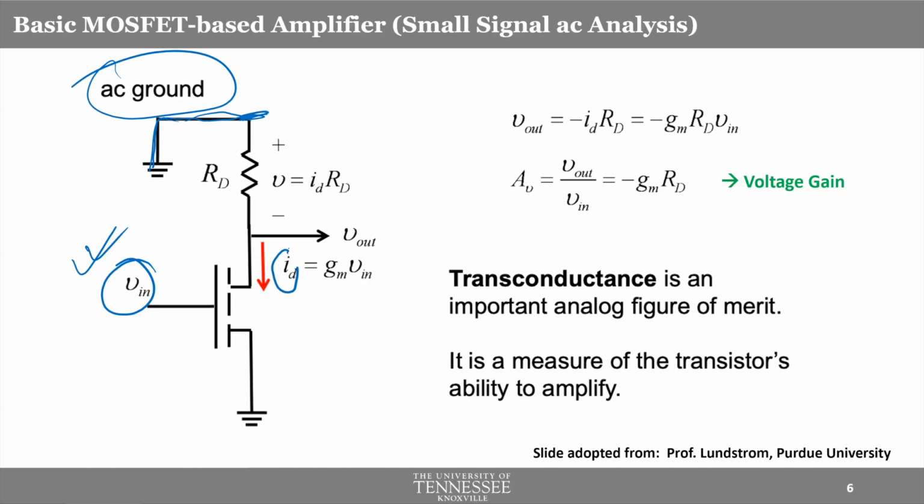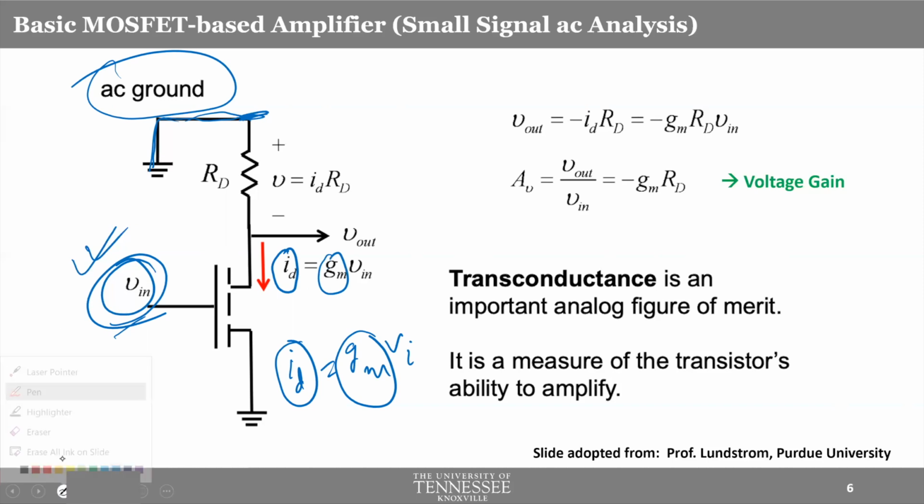Your drain current component, and notice that we have used lowercase, which means we are only dealing with the AC component, no DC, will be related to the input through the transconductance. So if you provide an input to the transistor and you know the transconductance, just multiply the input with the transconductance, you get the output current. Let me give you another example.